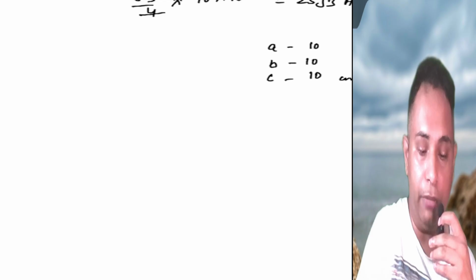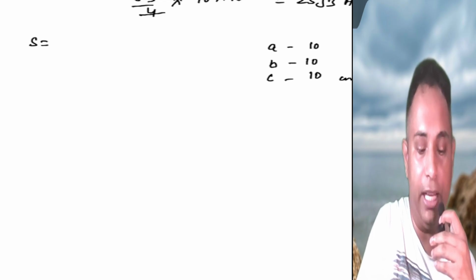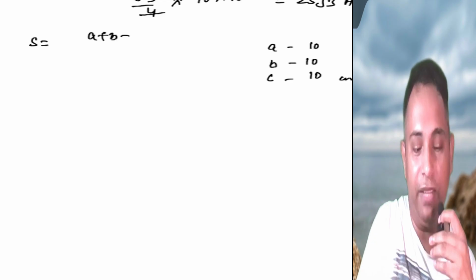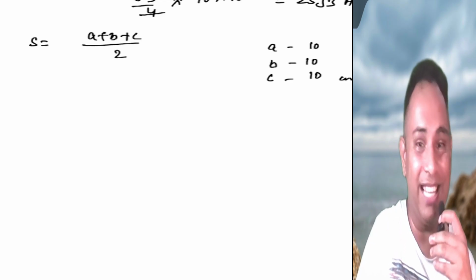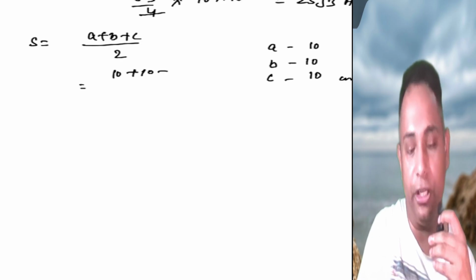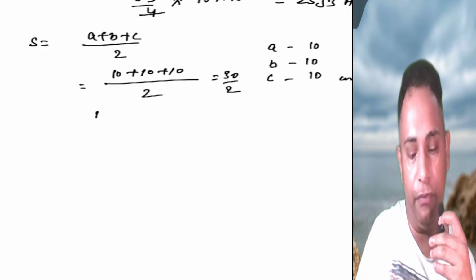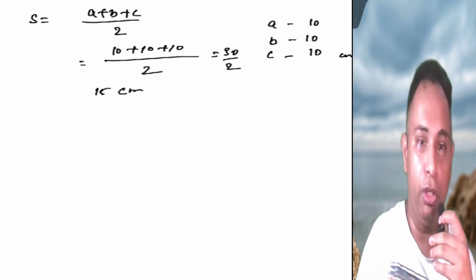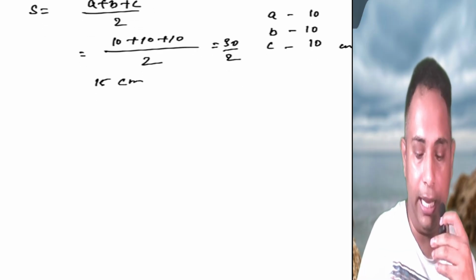Okay. Now what will we find? We will find S first. S is equal to (A plus B plus C) divided by 2. It's very simple. You might have remembered it by this time. After solving, we get 10 plus 10 plus 10 divided by 2. It is 30 by 2, which means 15 centimeter. No issue. Now what will we find? The area.